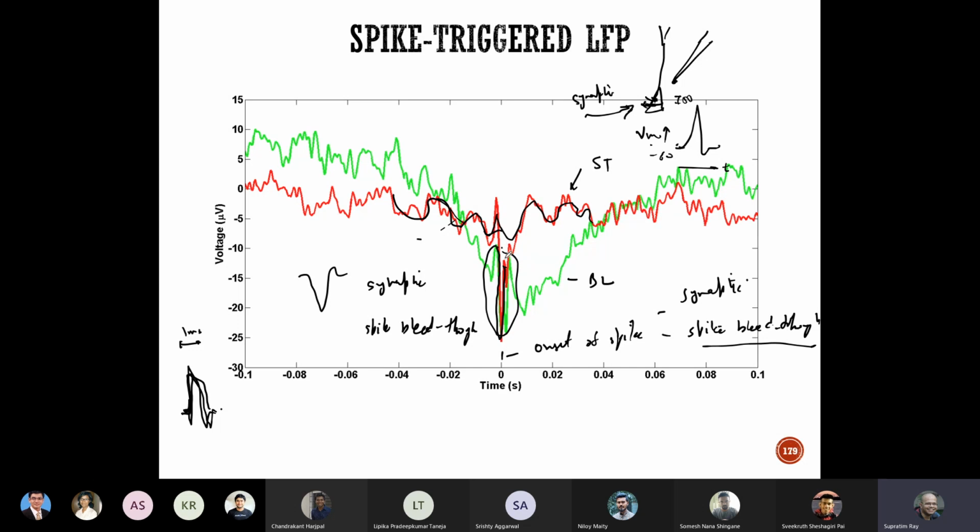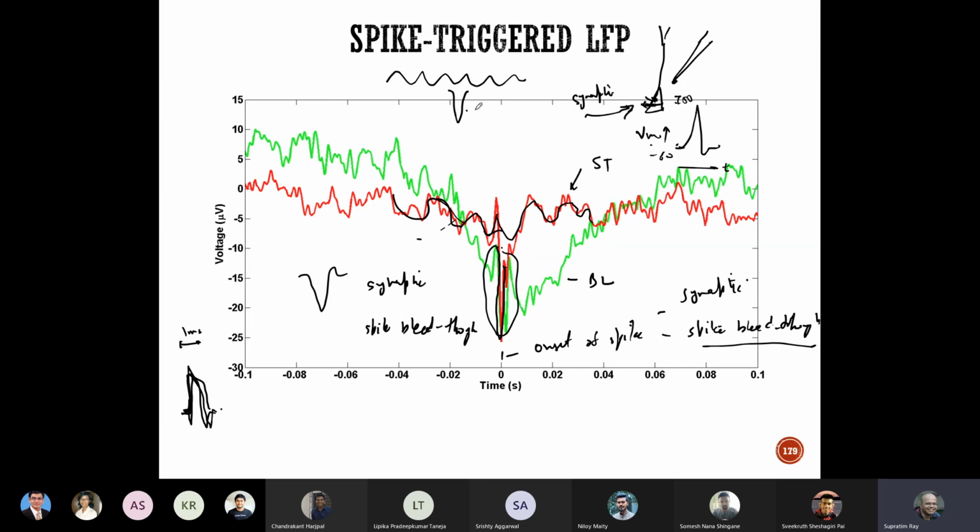And in the frequency domain, this will have presence in the LFP because it's like a very sharp Gaussian.